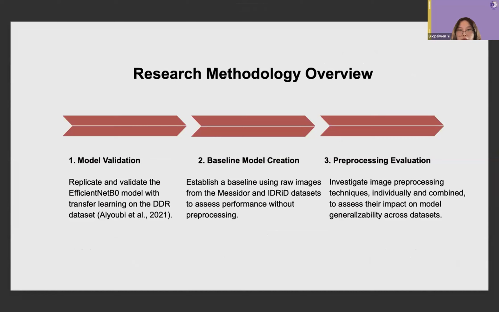Our approach has 3 key steps. First, we validate the model using transfer learning on the DDR dataset. Next, we establish a baseline using raw images from the Macedor and IDRiD datasets. And finally, we evaluate various preprocessing techniques, both individually and in combination, to assess their impact on model generalizability.